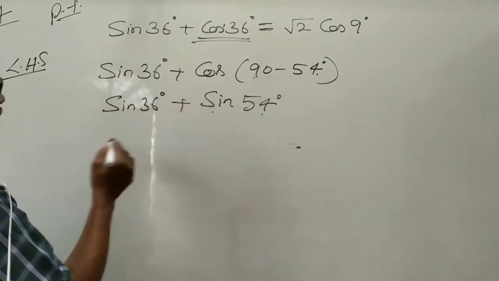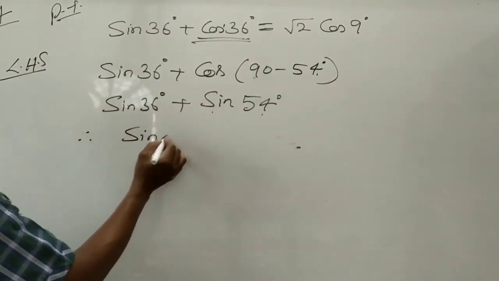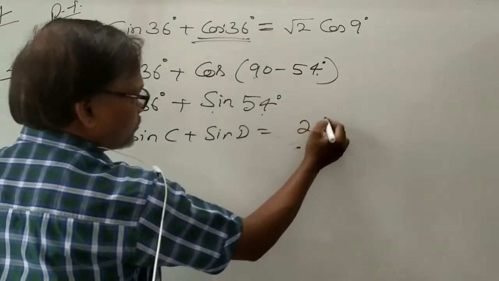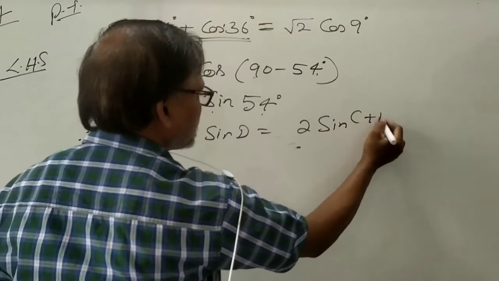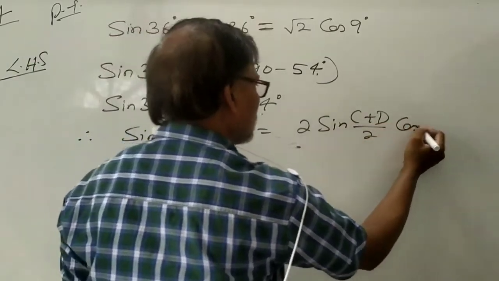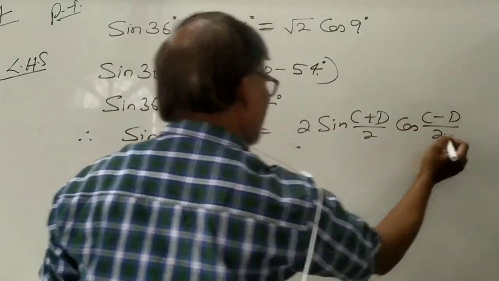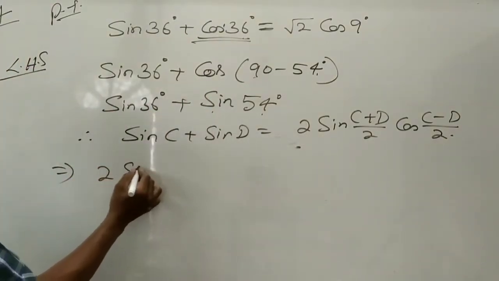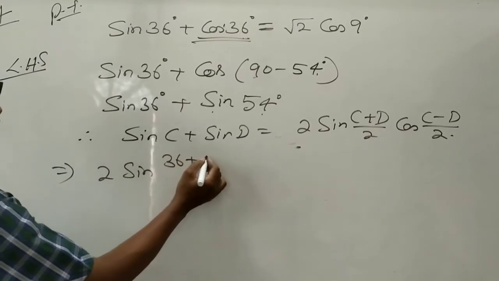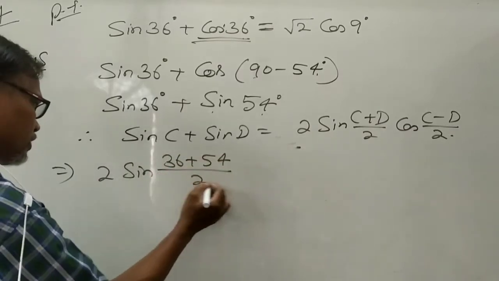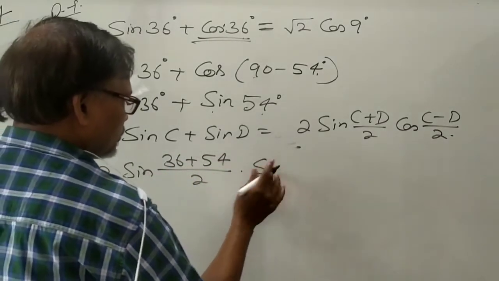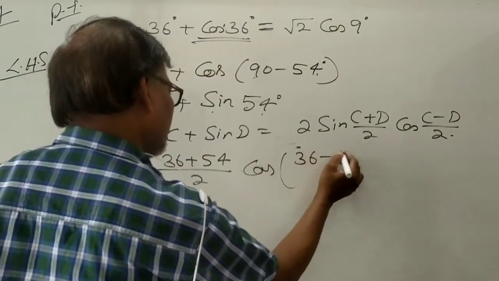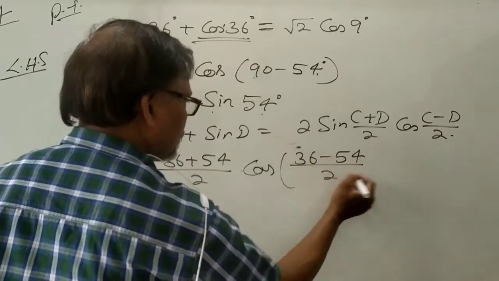Now you can use the formula. Which formula? Sin C plus sin D is equal to 2 sin (C plus D)/2 cos (C minus D)/2. Use the formula in this. So 2 sin (36 plus 54)/2 into cos (36 minus 54)/2.